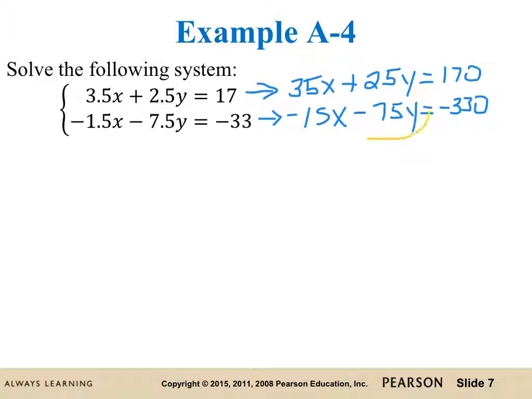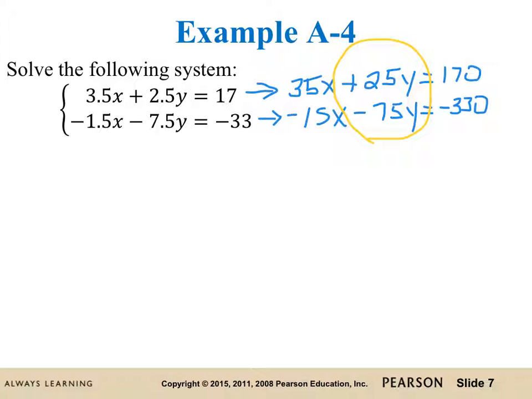However, since we know that 3 times 25 is 75, if we multiply the first equation by 3, we will get an equivalent equation that will cause the y's to drop out. So we will do that.